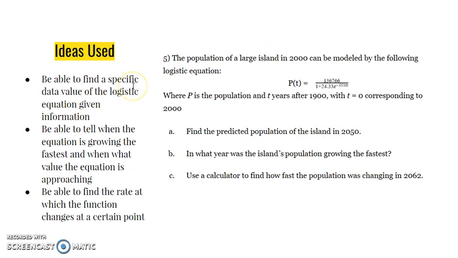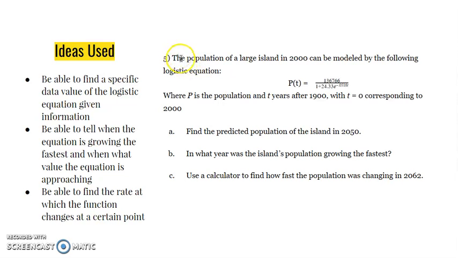So let's go into a problem that analyzes this. This problem is making use of all three of the points that we would need to be aware of to be able to solve logistics problems.